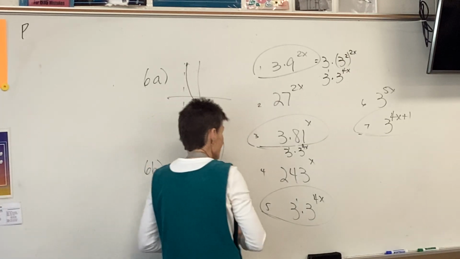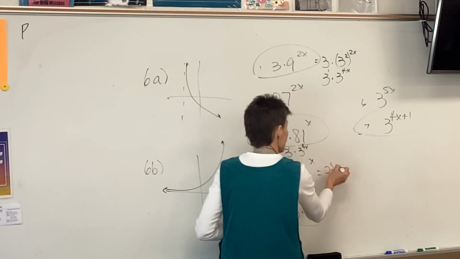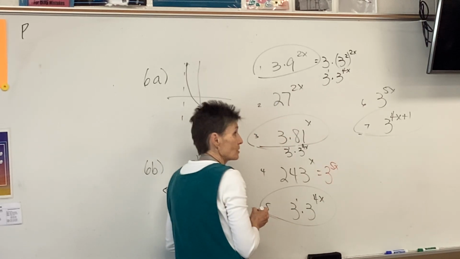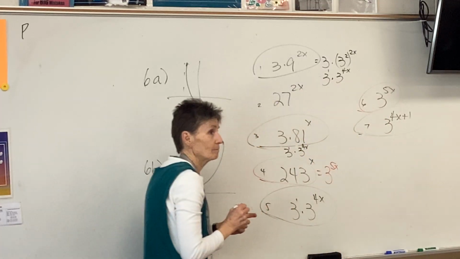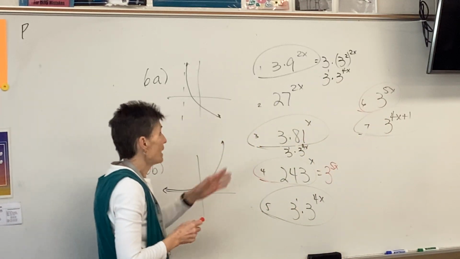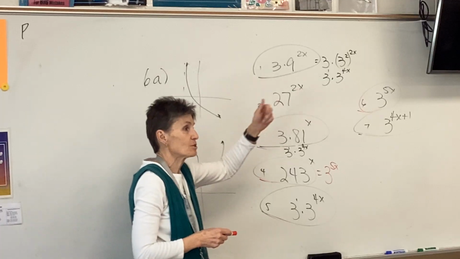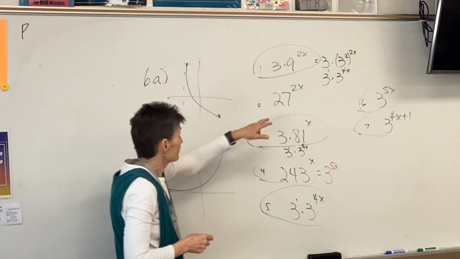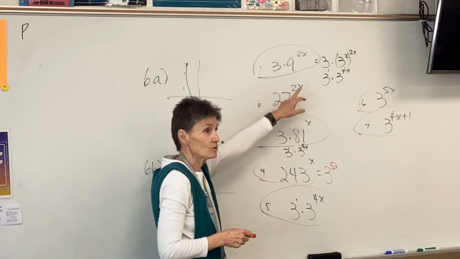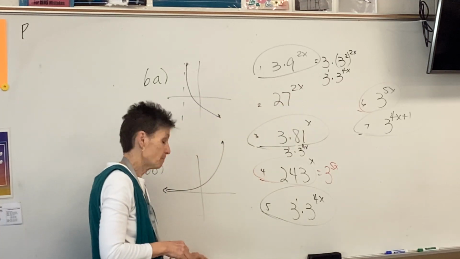So isn't this one 3 to the 5x? So won't he match this one? And that one's all on his own because he's 3 to the 6x. 3 cubed to the 2x, so 3 to the 6x.